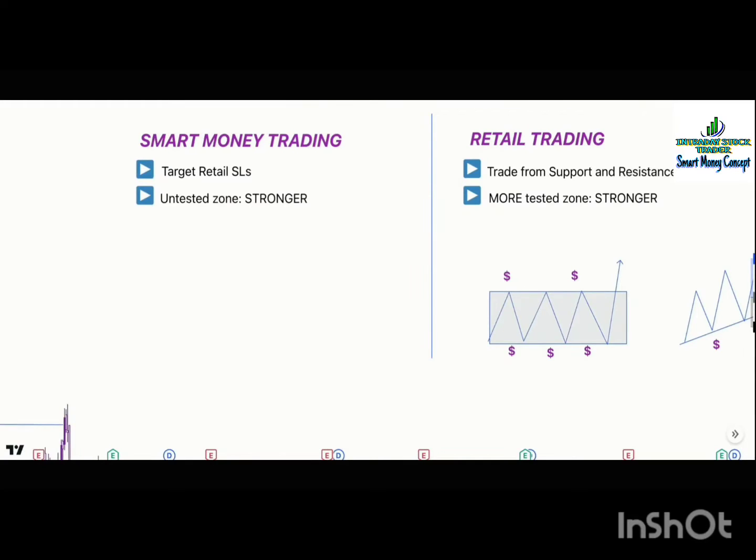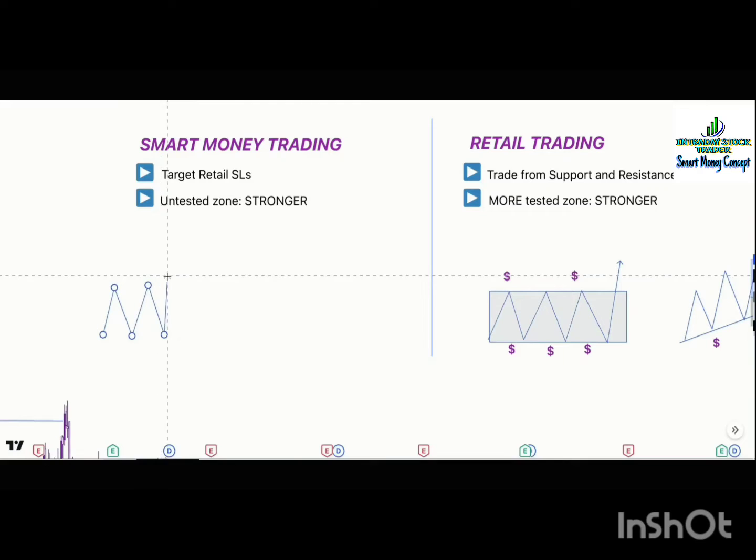So in most cases, you could see that when the price moves in a range like this, taking support from this level, resistance from this level, support from this level, resistance from this level, most of the traders sell from this point. You wait for this liquidity to be grabbed, as there is a huge amount of money, just as I've shown you here. So we wait for this liquidity to be grabbed.